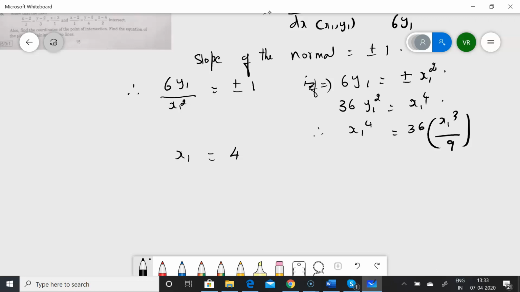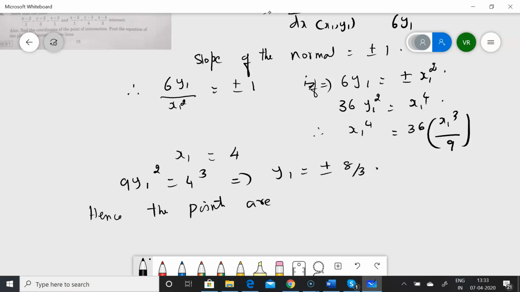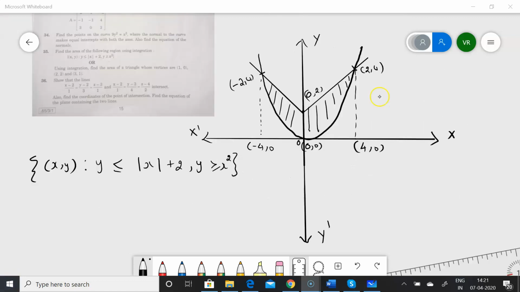Now substituting this in equation 1, you get 9y1 squared is equal to 4 cubed, which implies y1 is equal to plus or minus 8 by 3. Hence the points are 4, 8 by 3 and 4, minus 8 by 3.